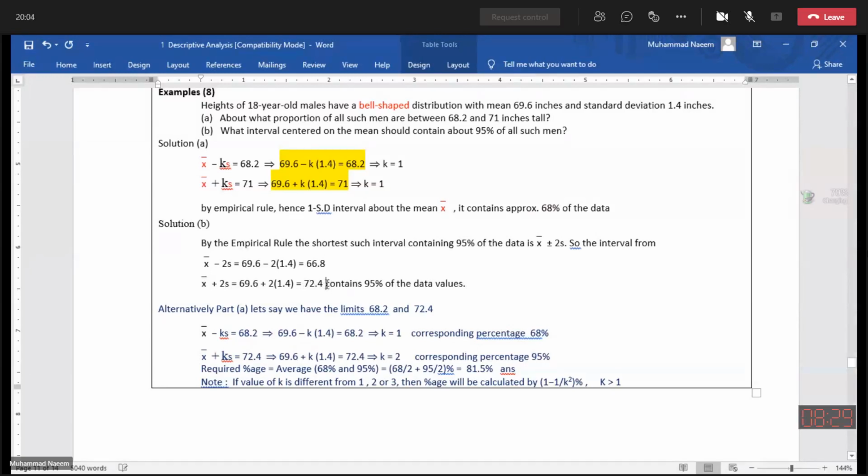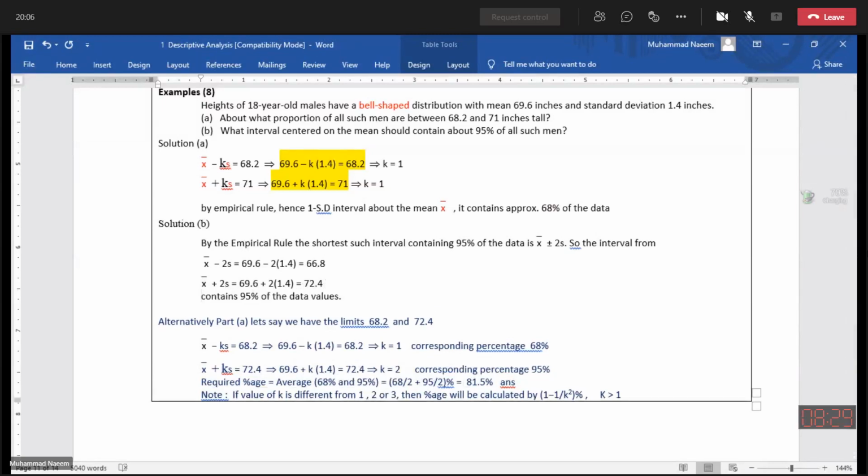So this interval from 68.8 to 72.4 contains approximately 95% of the data.